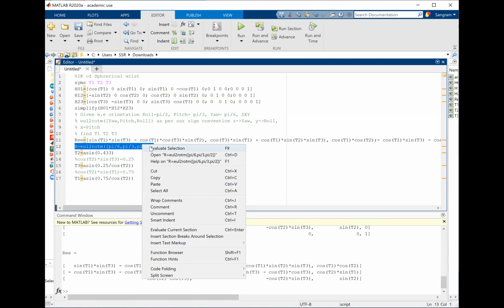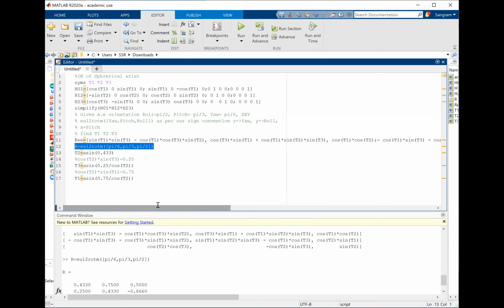I made a mistake in supplying the angles. The way MATLAB is asking is ZXY. And since our sign convention is Z is yaw, Y is roll, and X is pitch, I need to supply the angles as yaw, pitch, and roll. So this is how I should be supplying.